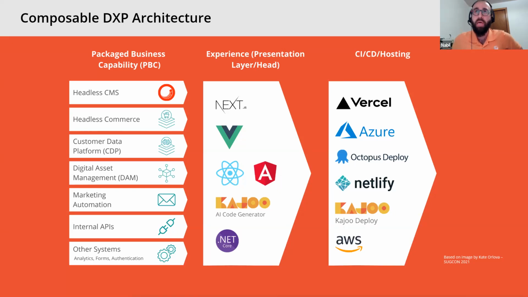So technologies like Vercel, Netlify, Kajoo Deploy, AWS, Octopus Deploy, these technologies take the great code that you built, the front-end experience integrated with the back-end experience, and then host it on the edge or on the CDN for a very fast delivery of that experience. Very high level, in a nutshell, this is basically the architecture of a DXP. And as you can see, at the heart of it is the headless architecture.